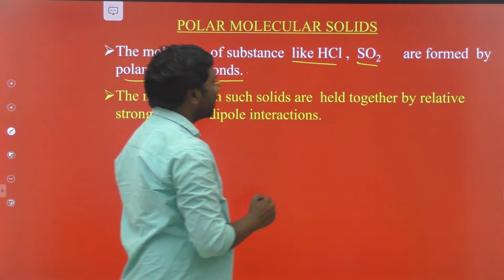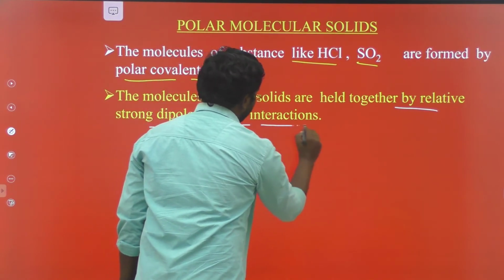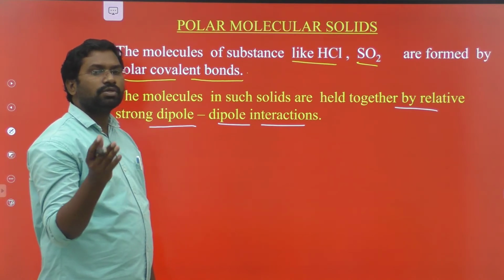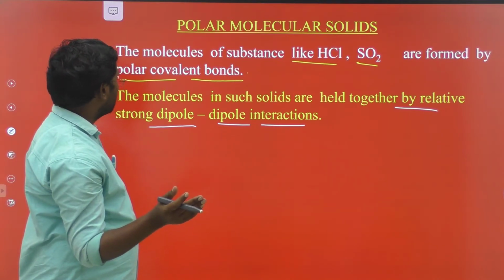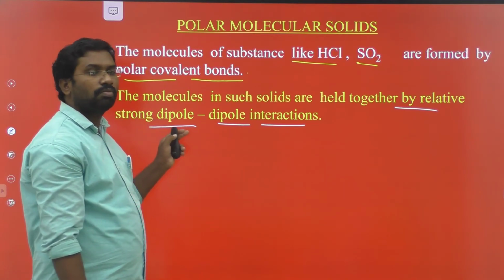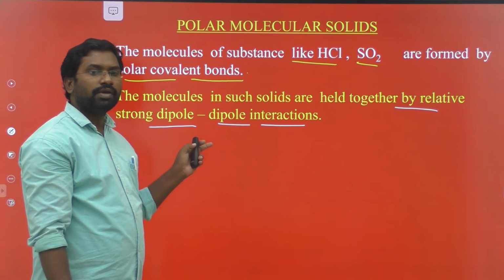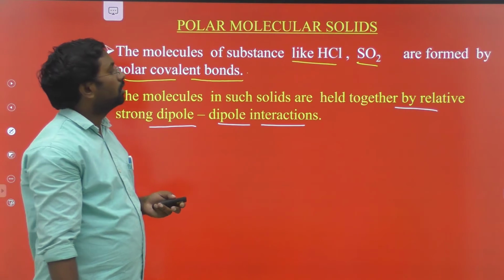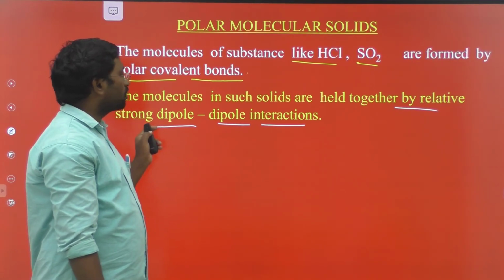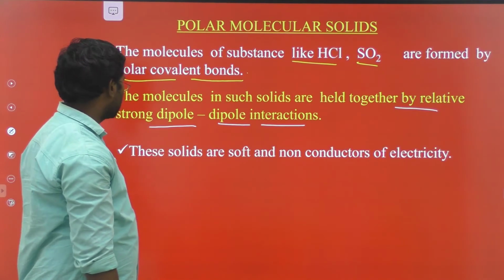The molecules in such solids are held together by relatively strong dipole-dipole interactions. In non-polar molecular solids, the forces are weak dispersion forces or London forces, but in polar molecular solids, they are strong dipole-dipole interactions.